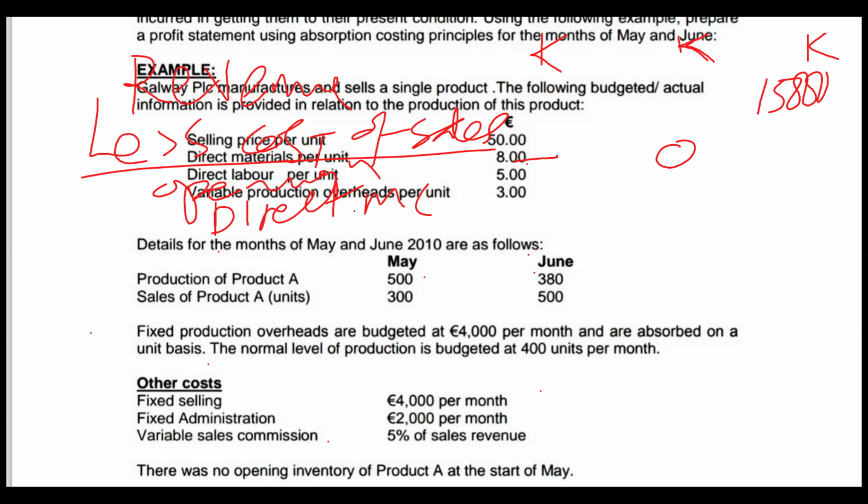What do you find as direct material costs? 4,000. Thank you. You write 4,000. From here, you add what? Direct labor, isn't it? Direct labor cost, which is 5, times the units that were produced, 500. What do you find? I guess you're not getting confused now because you have seen the format already. That's what I started with. What do you find?